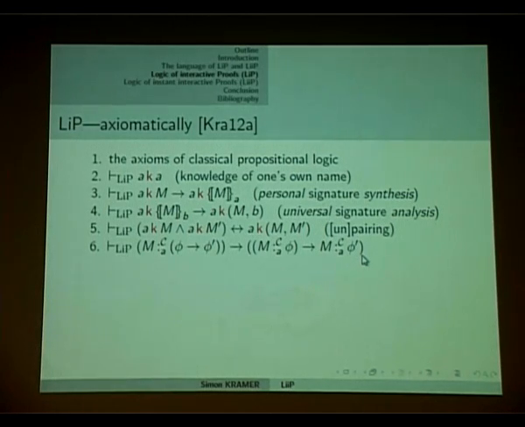Then you have this. So this is the Kripke law, right? If M can prove this implication to A, then if M can prove the antecedent to A, then it can also prove the consequent. And I have the Kripke law here because this is about potential proofs or sufficient evidence, right? If M is sufficient evidence for this, and M is sufficient evidence for this, then it is also sufficient evidence for this, right?